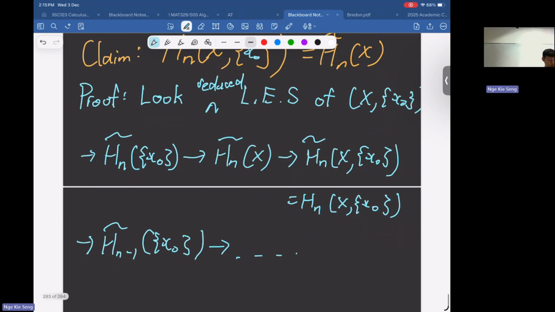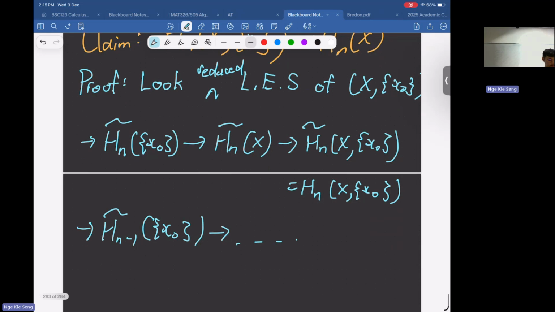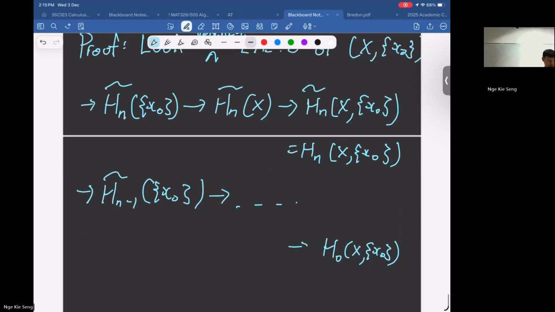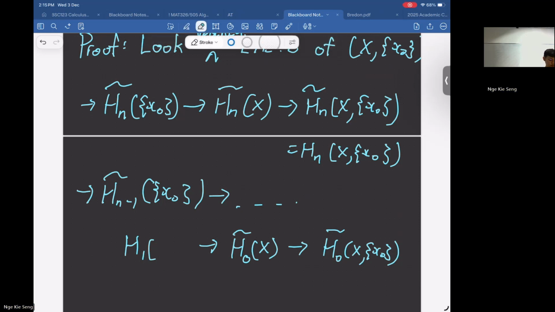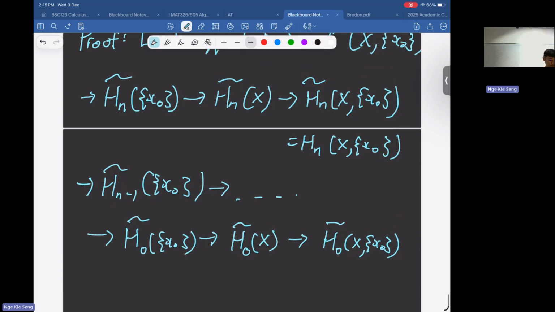Okay, and then you go to maybe H_0 tilde of x_0, and then H_0 tilde of X, and then H_0 of (X, x_0), and then H_{-1}.